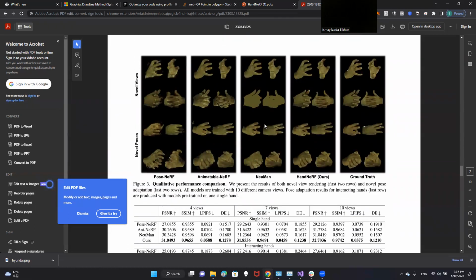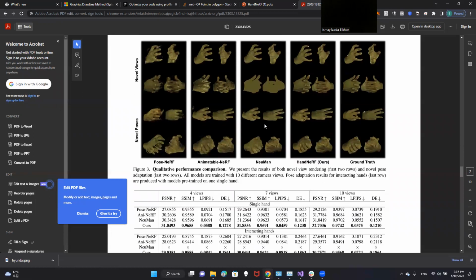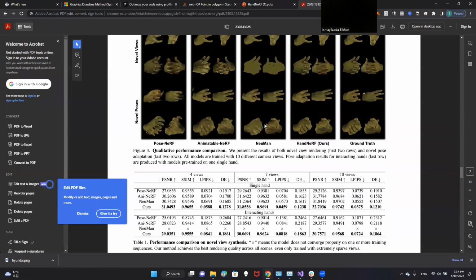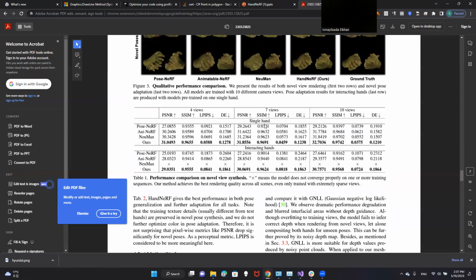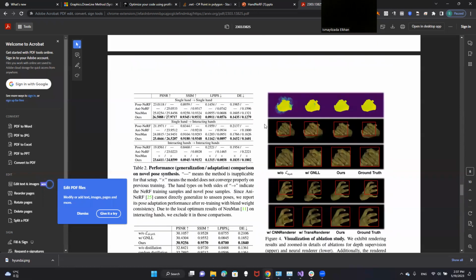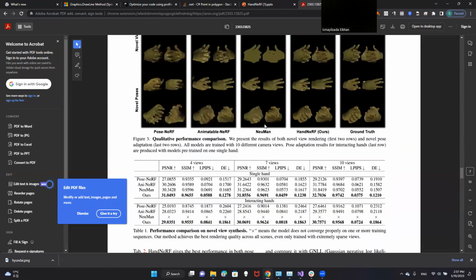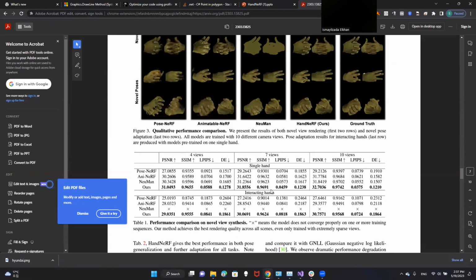Given at least four different images, it generates some new images. Like saying that ours, theirs is the previous. Yes, that's what they show.